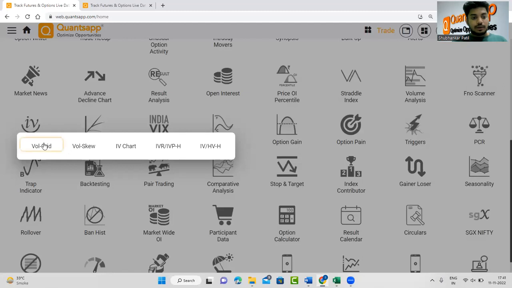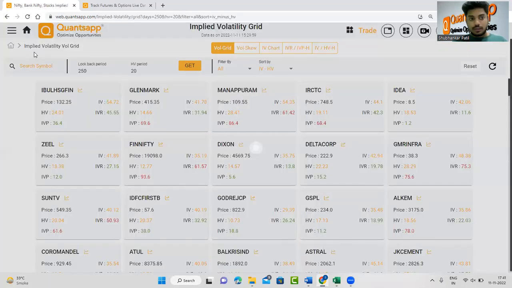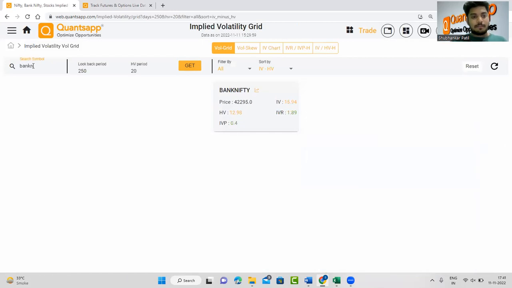Over here you can go to Wall Grid, search for your desired instrument and look out for implied volatility percentile. Let's keep Bank Nifty for this case. So just focus on implied volatility percentile, IVP. This tells you what percentile of the times previous IVs of Bank Nifty traded below the current IV.